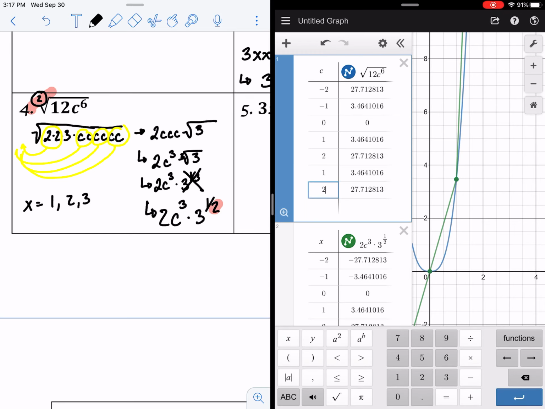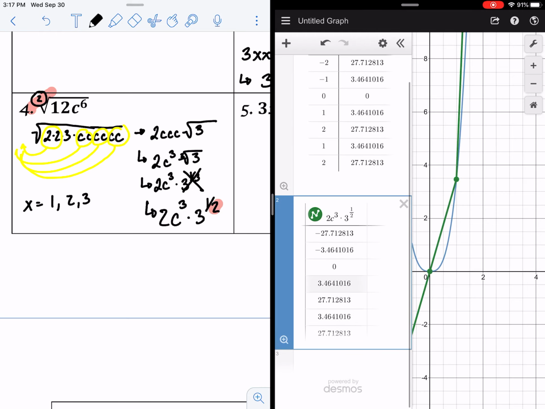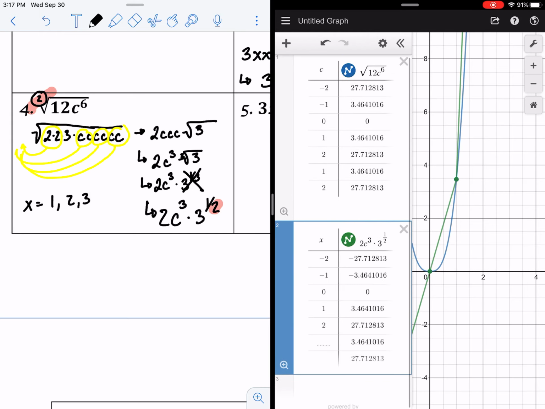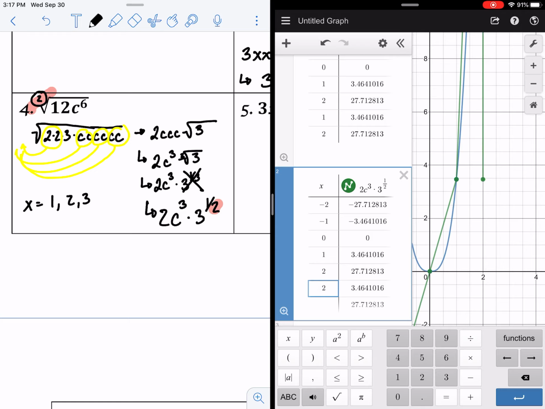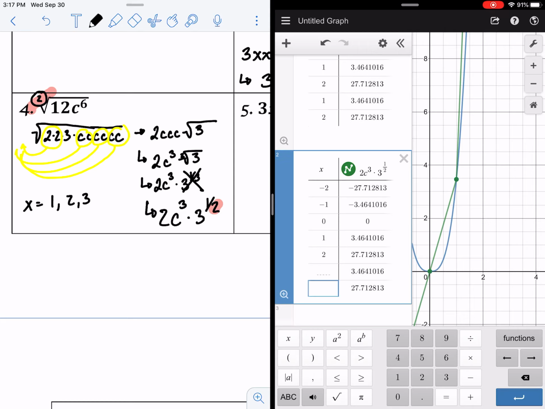When x is 2, I get 27.712813. So those are also the same value.